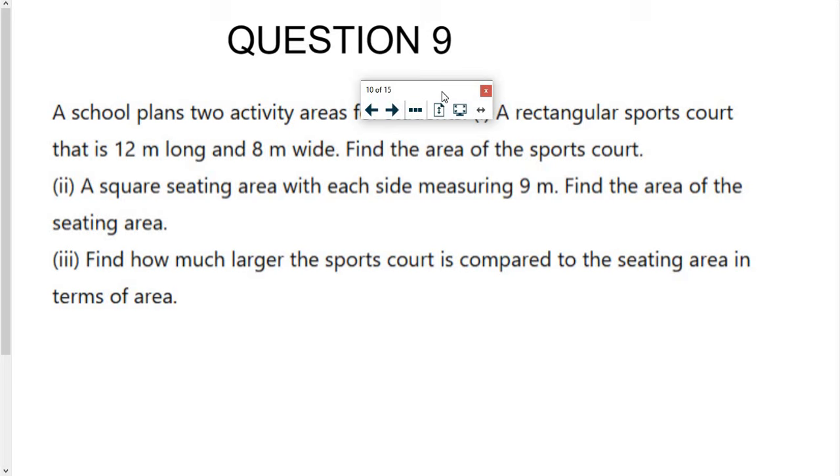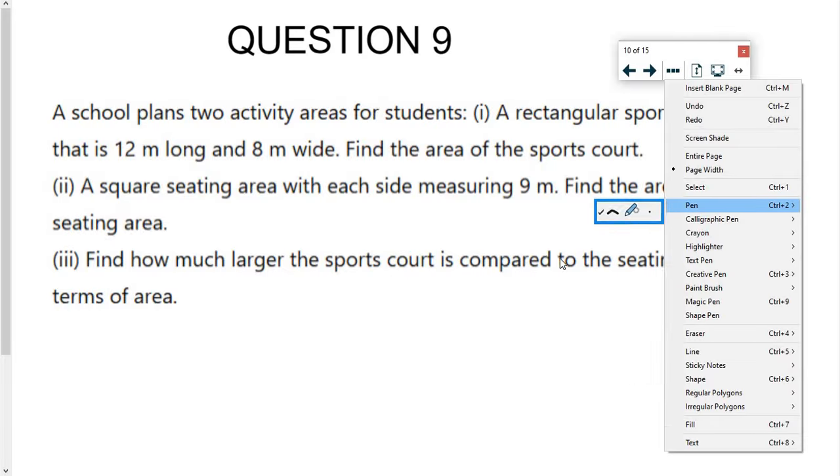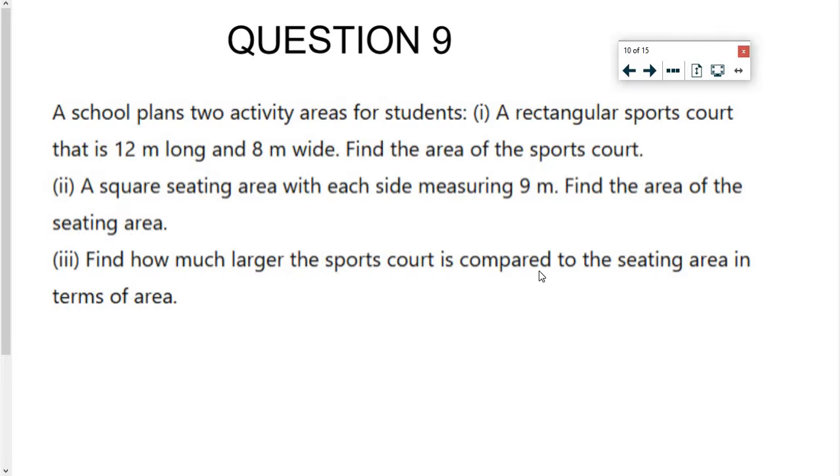Next question. Question number 9. A school plans 2 activity areas for students as follows.